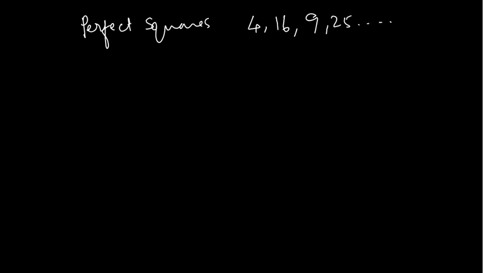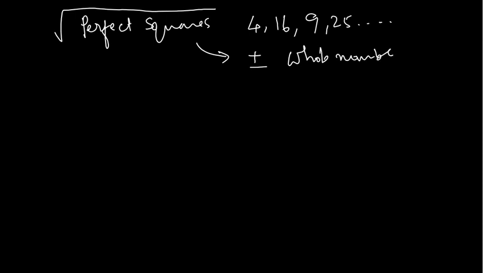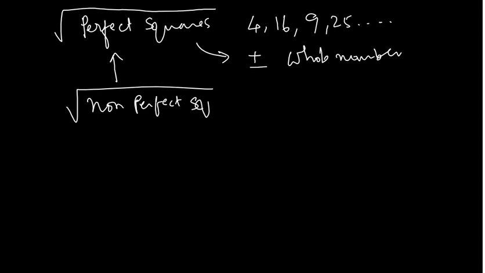If you take the square root of a perfect square, you will get an answer, either plus or minus, which is a whole number. But if you do not have a perfect square inside, that means you have a non-perfect square, and that will give you an irrational number.